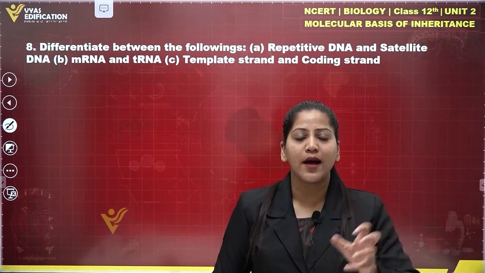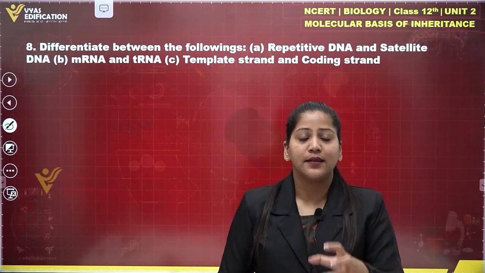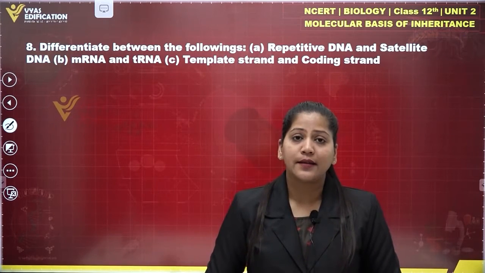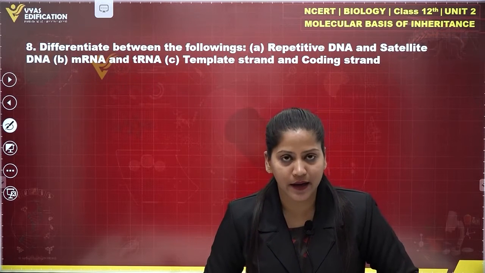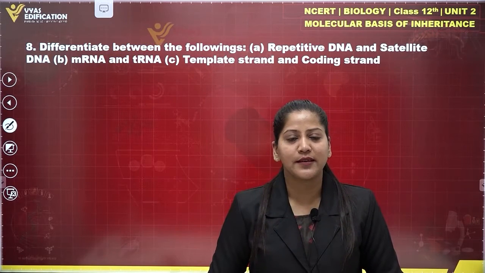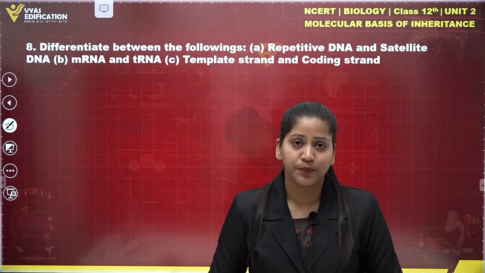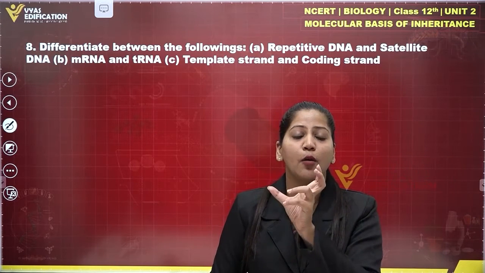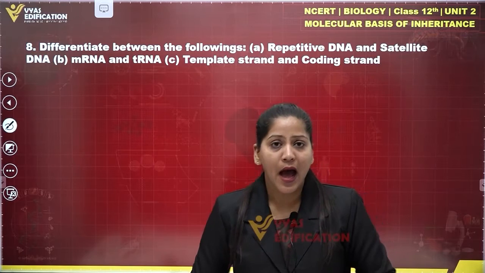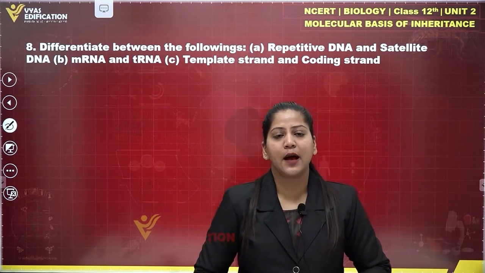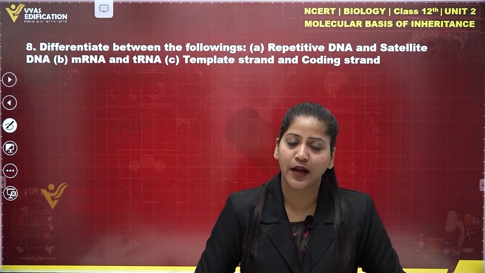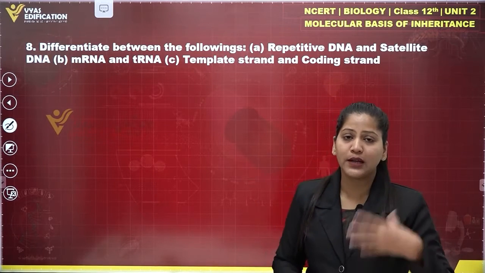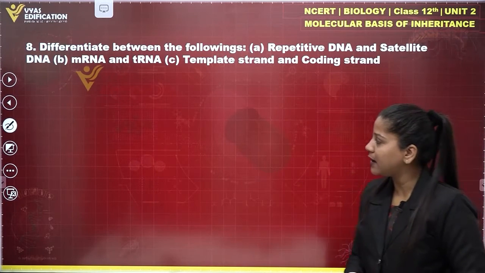Thus, it is transferring genetic material from DNA to ribosome, whereas tRNA, which is also known as transfer RNA, reads the genetic information which is present in the form of triplets on mRNA, and transfers the appropriate amino acid from the amino acid pool of the cytoplasm to the growing polypeptide chain during protein synthesis. So this is the difference between mRNA and tRNA.